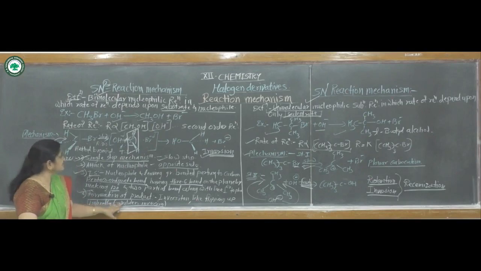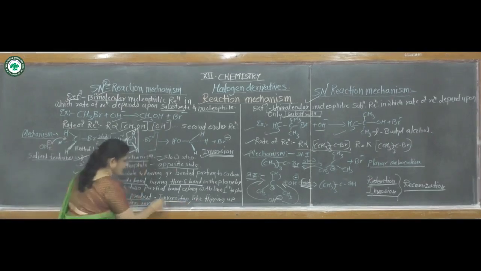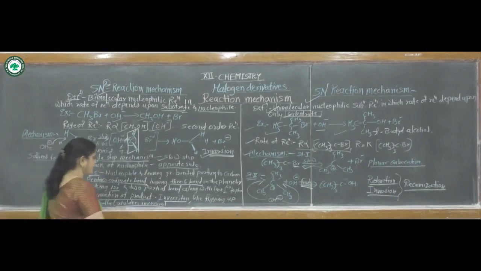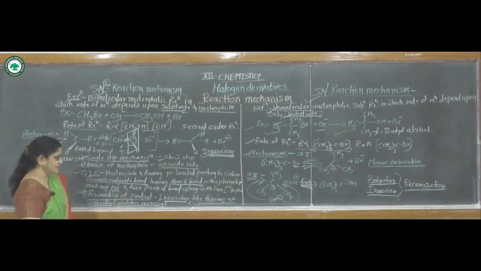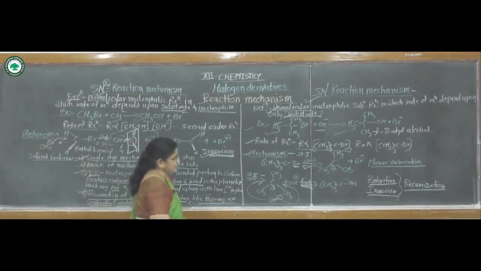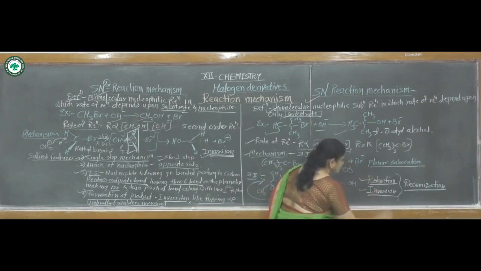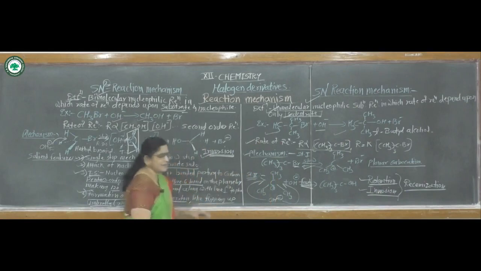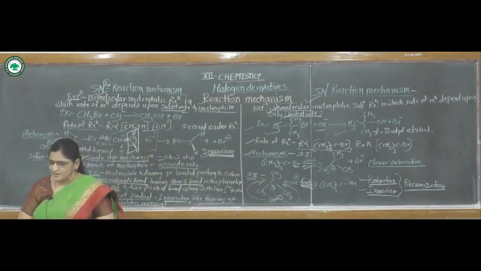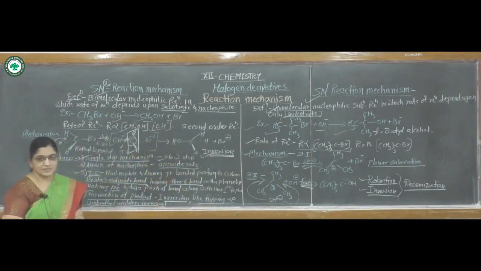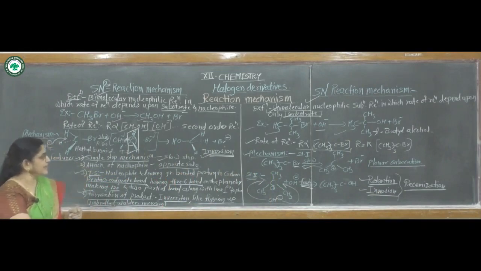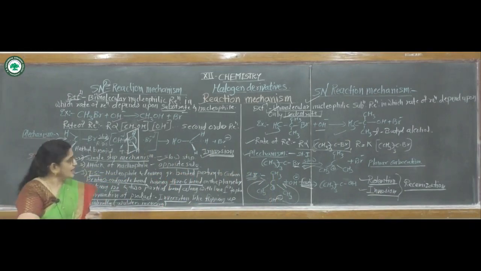In SN2 reaction, it shows inversion in configuration, like flipping an umbrella, which is called Walden inversion. And in SN1 reaction, it forms retention in configuration as well as inversion in configuration, that means it forms racemization.